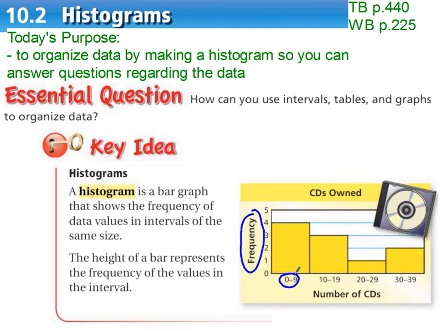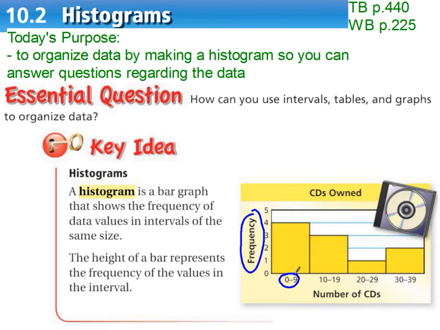In a histogram, each of the bars represent a range of data. So, for example, everything in the first bar represents anything from 0 to 9 CDs. The second column is 10 to 19 CDs, and so on. So instead of just being one answer per column, there's going to be an interval.